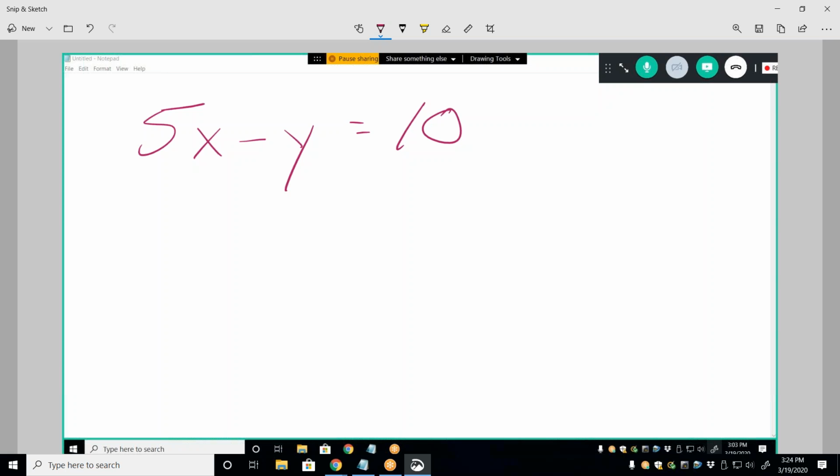So let's say I want my final answer to be in the form of y equals something. So how am I going to turn this thing up here that's in standard format into slope-intercept format down here? So what can I do for starters? You can plug the 10 in for y.